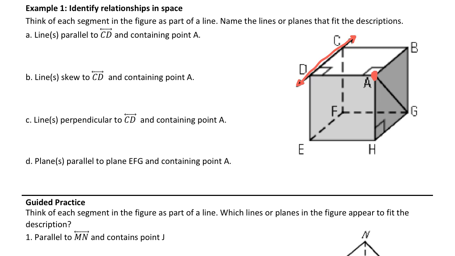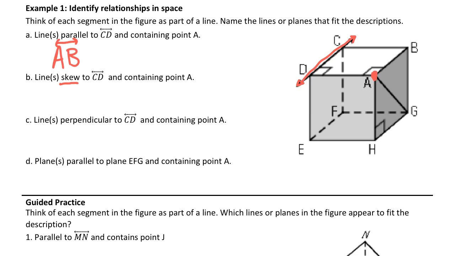So the line that follows that is going to be line AB. Okay. So AB is parallel to CD because it will never intersect and it is part of the same plane. Now AH, if we look at that, would never intersect, but it's not part of the same plane as CD. So that comes into our next example.